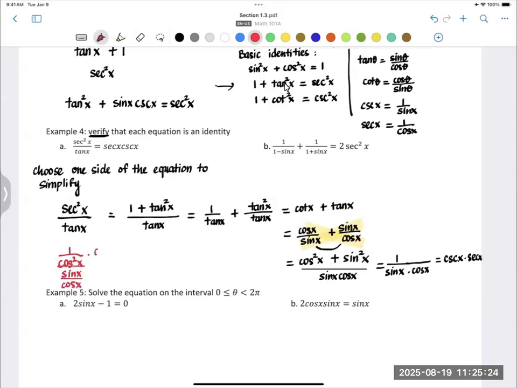If I multiply cosine squared on top and bottom, I will get my result more quickly than with this flow. But anyway, proving it is your own path, your own critical thinking. Depending on who you are, you may have a different approach to the final answer. No problem, as long as you can prove this is an identity or verify it, that's fine. Okay.